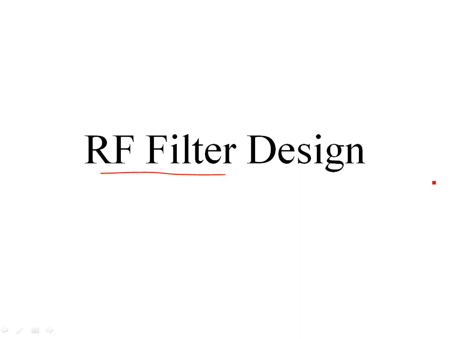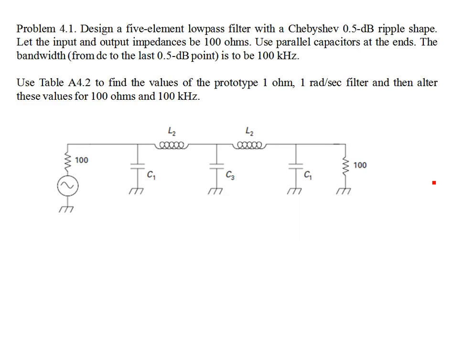The filter design that we are concerned with will consist of LC components only, so they are inherently lossless networks. These are all LC networks placed between the source impedance and the load impedance.